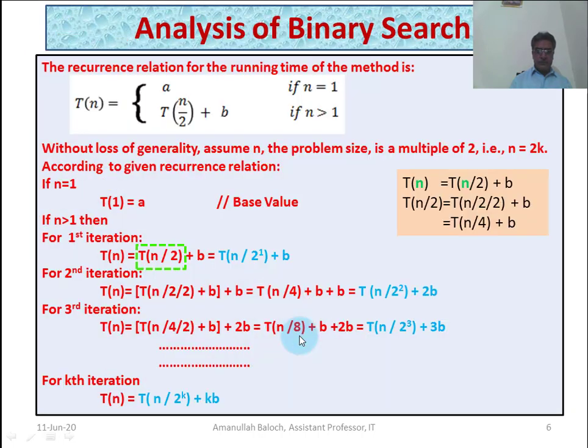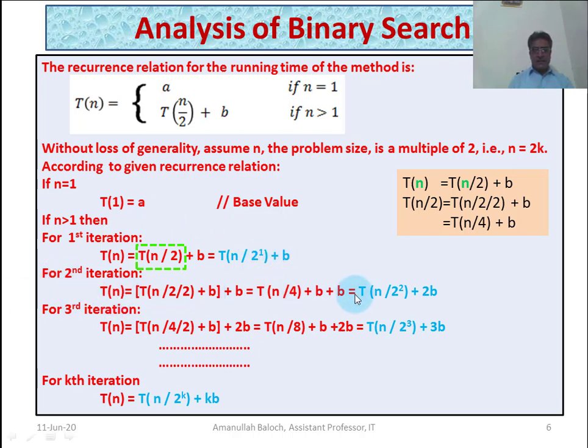Here you may see, in the first iteration, the power of 2 is 1 and the coefficient of b is 1. Here there is no value of coefficient of b, so it will be considered as 1.